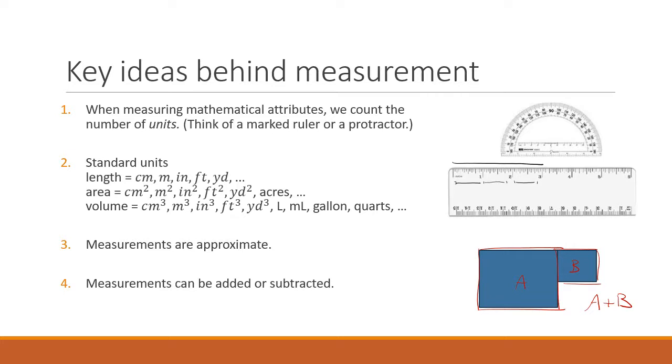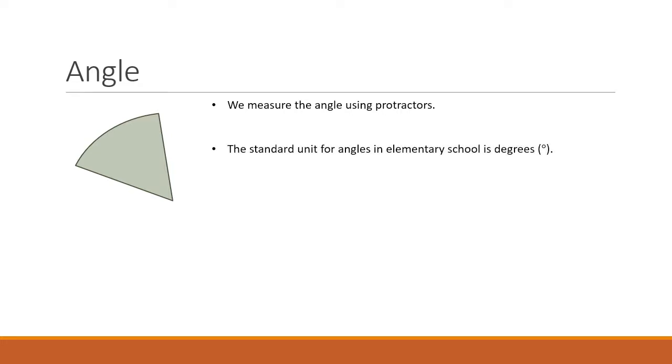So using these key ideas, let's look at some of the specific topics that we talked about in the course, starting with angles. Number one, we measure angles using protractors. That is about how we measure it. In terms of the units, the standard unit for angles in elementary school is degrees.